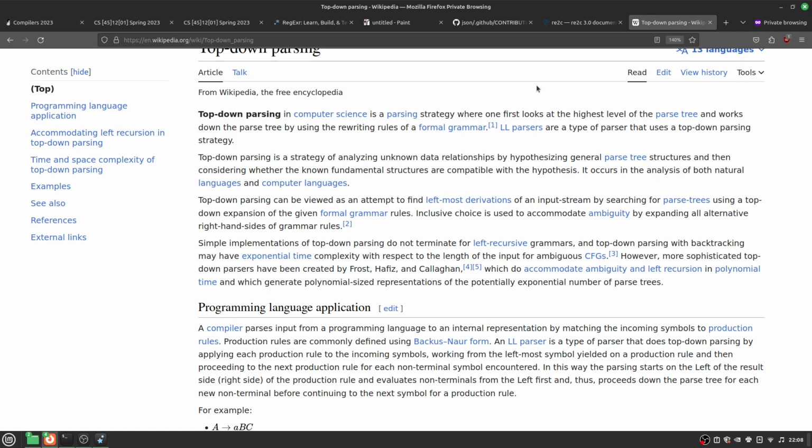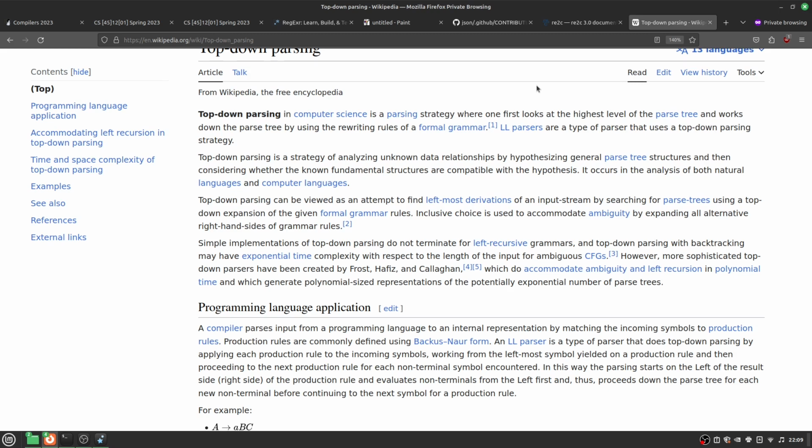LL parsers are a type of parser that uses a top-down parsing strategy. Top-down parsing is a strategy of analyzing unknown data relationships by hypothesizing general parse tree structures and then considering whether the known fundamental structures are compatible with the hypothesis. It occurs in the analysis of both natural languages and computer languages.